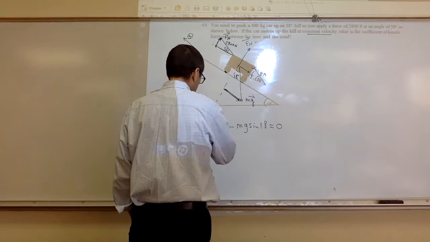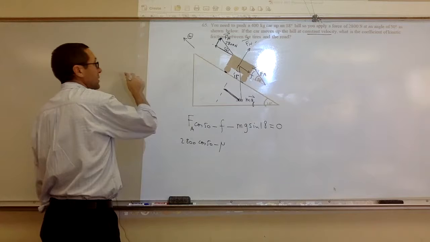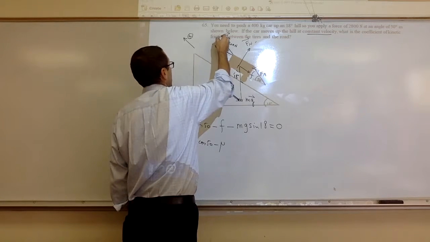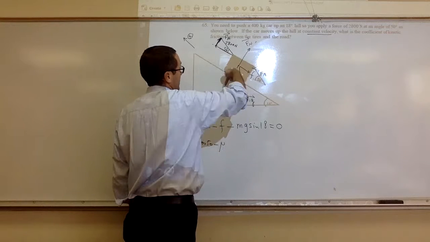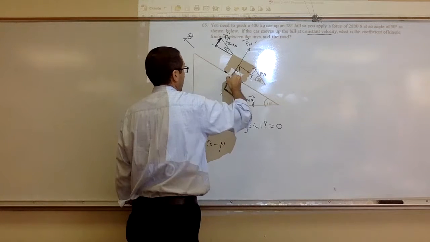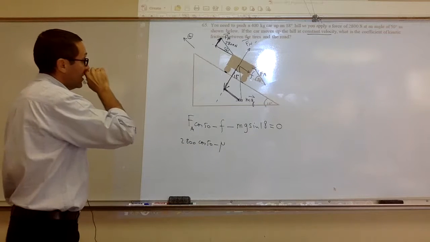So now you have to be careful with the Fn. The forces going up in that direction must equal the forces going down in this direction. Well, you have the perpendicular component of mg.